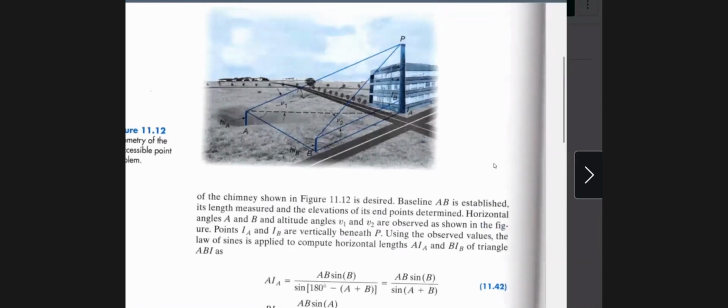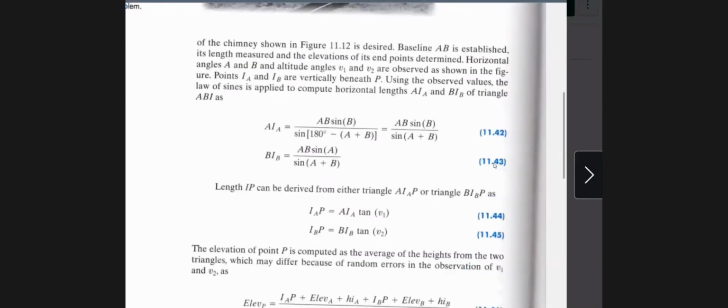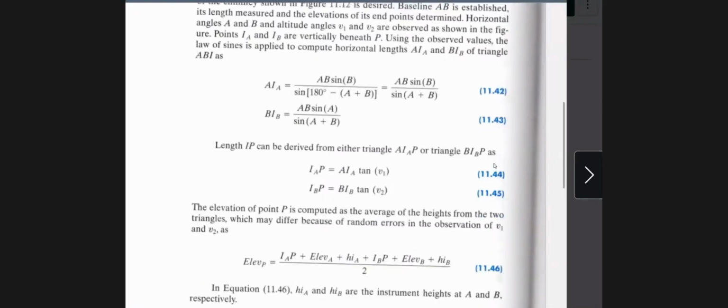IAP and IBP, taking the tangent of the angle times the distance you calculated for each, I sub A and I sub B. Okay, then you add the elevation on the ground and you add the height of the instrument at both locations, and then you divide that by 2, and that's your elevation at the top of the tower.